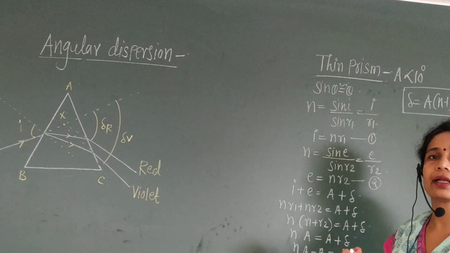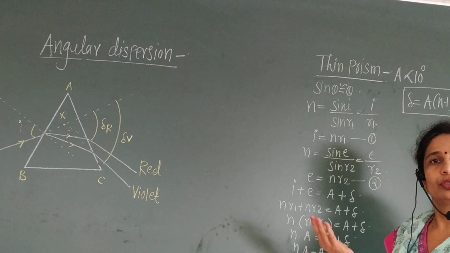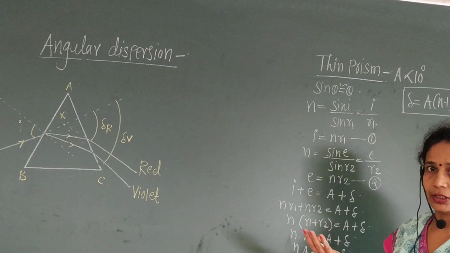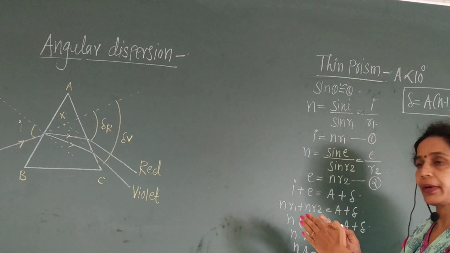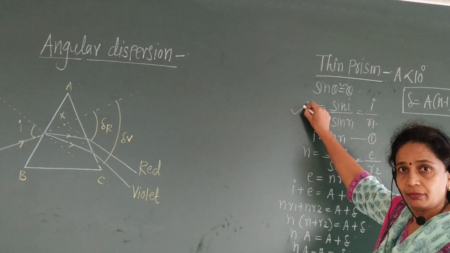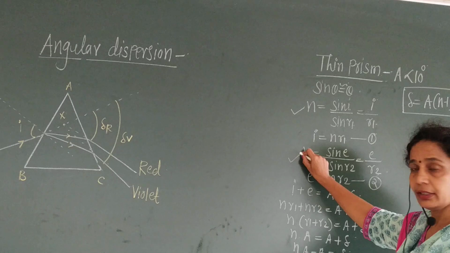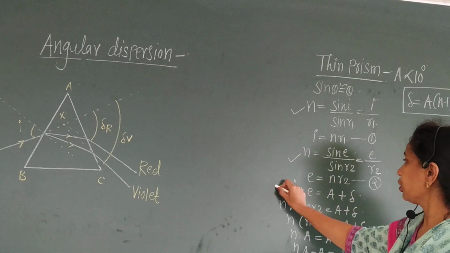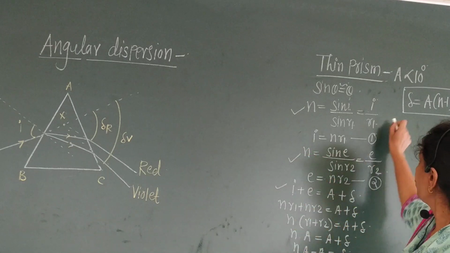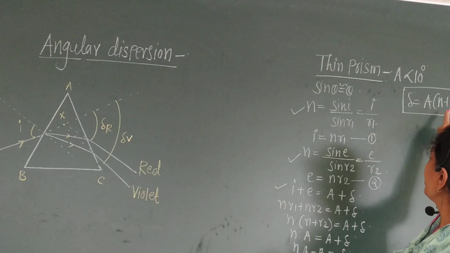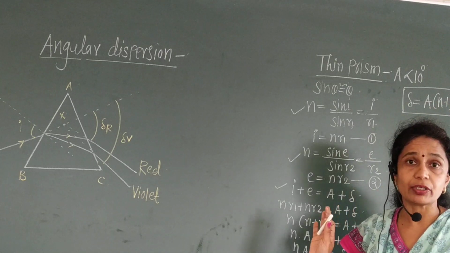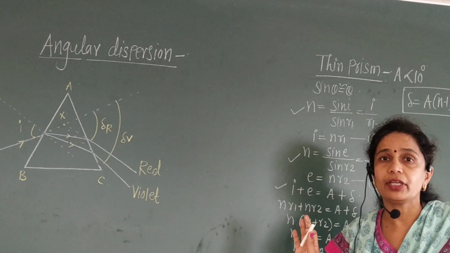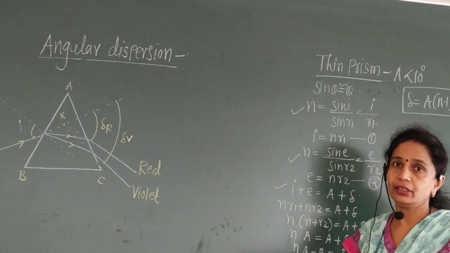As the refracting angle is small, sin theta is nearly equal to theta. Applying Snell's law to both the refracting surfaces, we get the first equation and then the second equation. Putting all these values, we get delta is equal to A into n minus 1. This is the equation of angle of deviation for a thin prism.